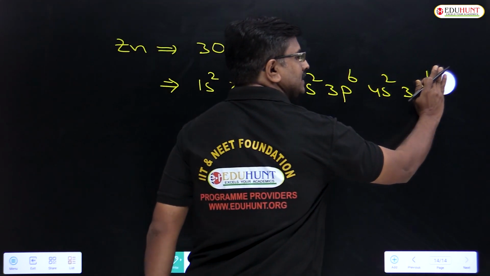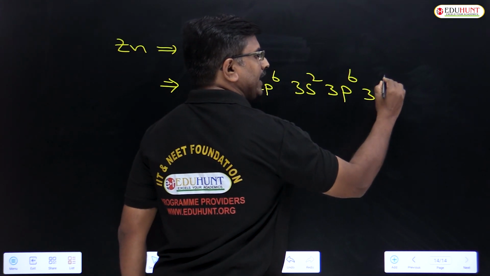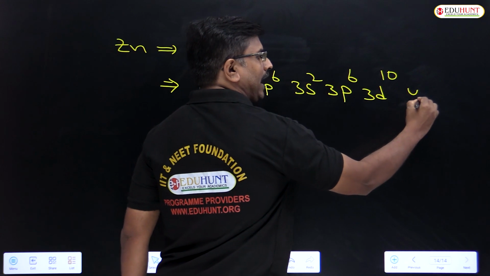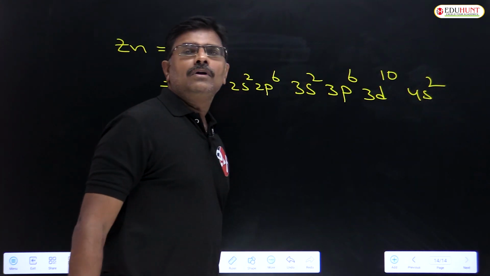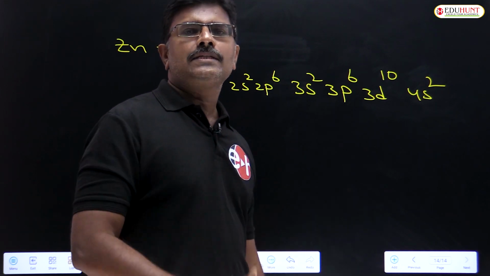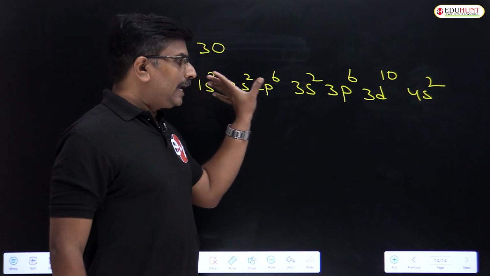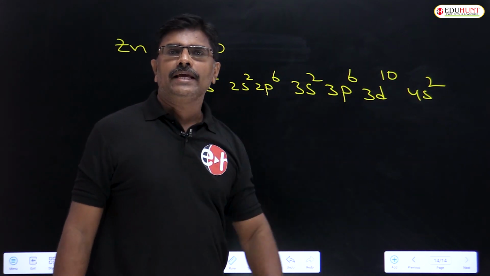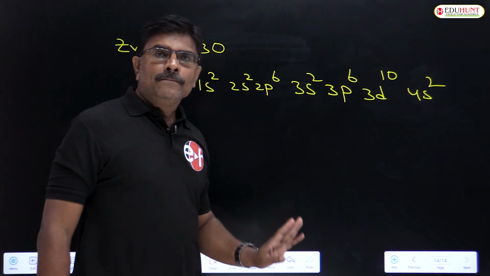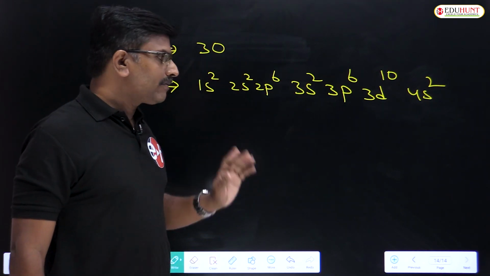So I am placing this 3d10 alongside the 3s2 3p6 and I am writing the 4s2 after that one. No problem, to understand in a better way. So this is the electronic configuration of the zinc atom.